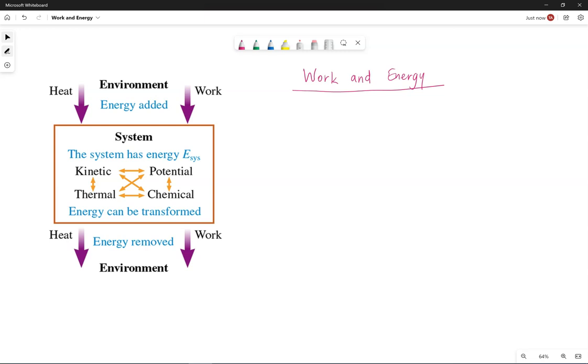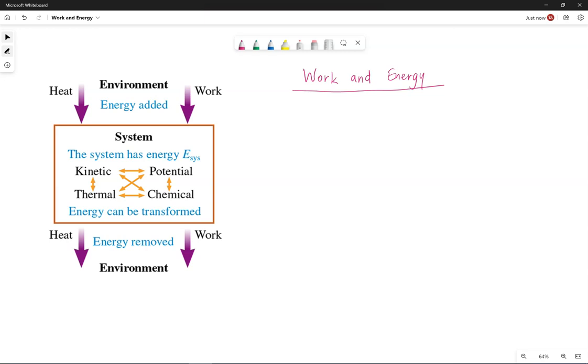Energy is kind of hard to define with a specific definition. But energy is some sort of quantity an object or system has that can potentially make it move, or is related to its motion.